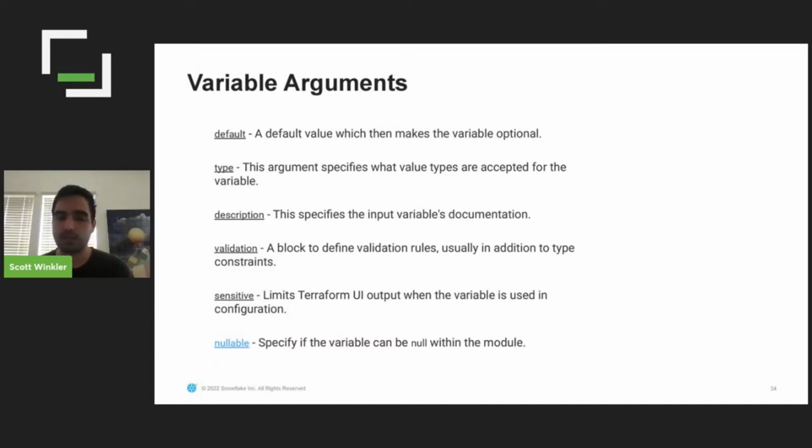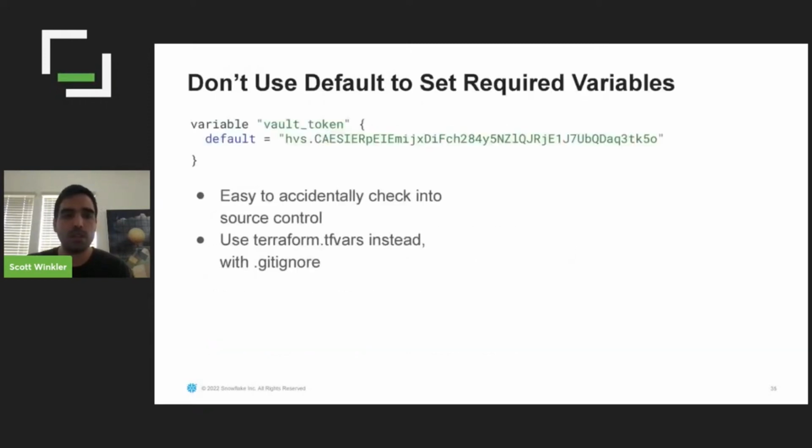And then you have types, but there's actually many different kinds of types these days. And then description, validation, sensitive, and nullable. I just wanted to go through the ones that I thought were the most important, and how I would recommend using these, because it's a form of communication. It's also a form of validation.